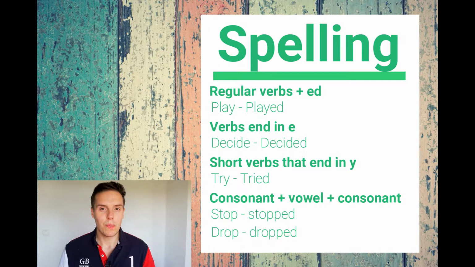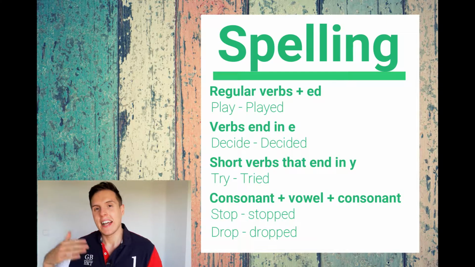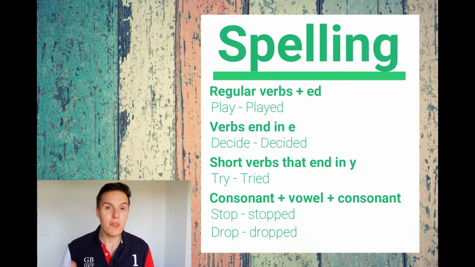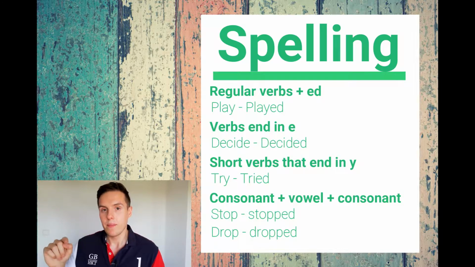And the last rule, also to do with spelling, if the end of the word ends in a consonant, so it's a consonant, vowel, consonant pattern, we double the last consonant and then add ed. For example, stop. So stop is S-T-O-P.